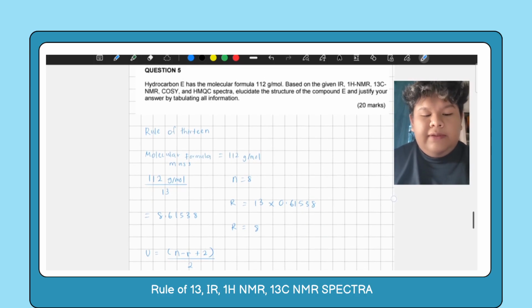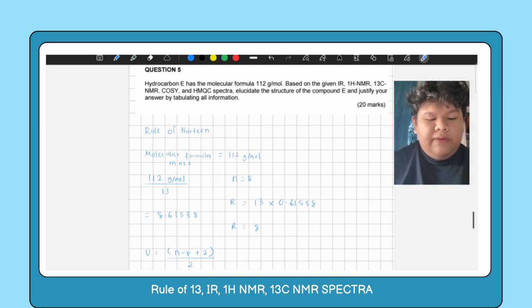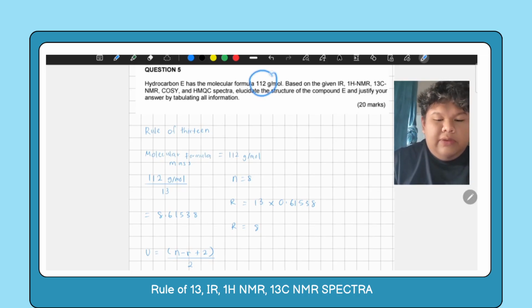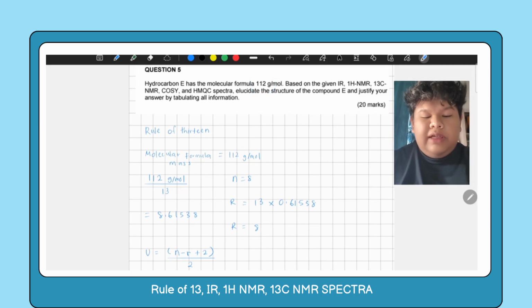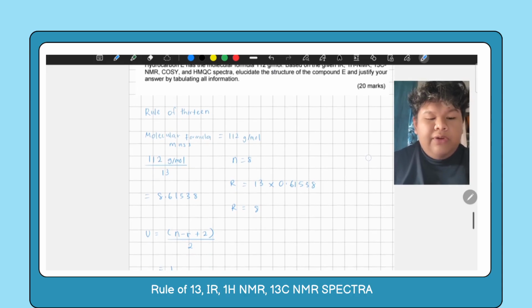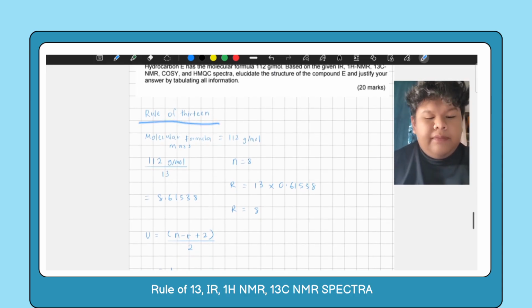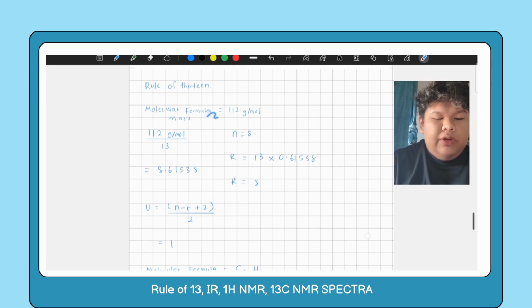First of all, since we have the molecular mass of 112 gram per mole, we can use the rule of 13, where the mass is divided by 13.